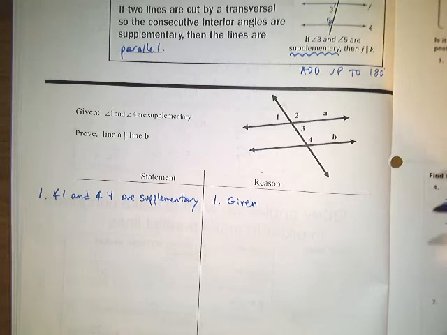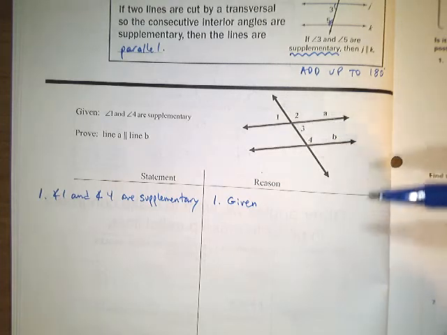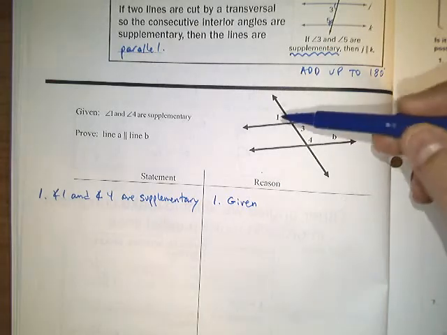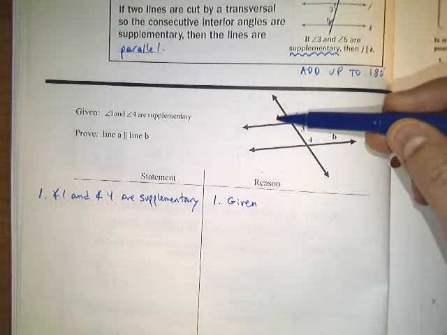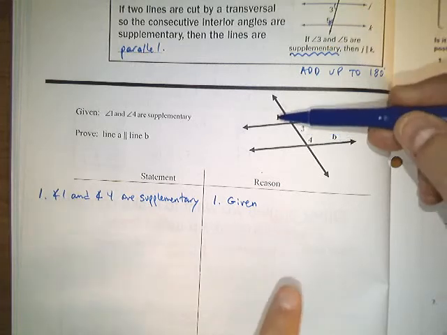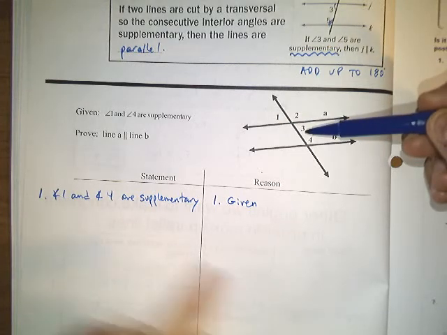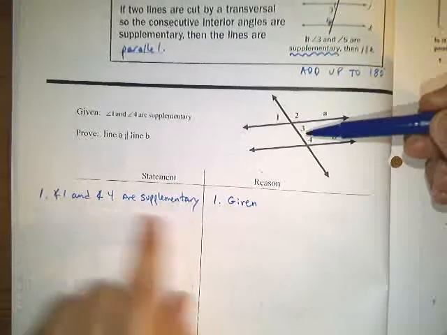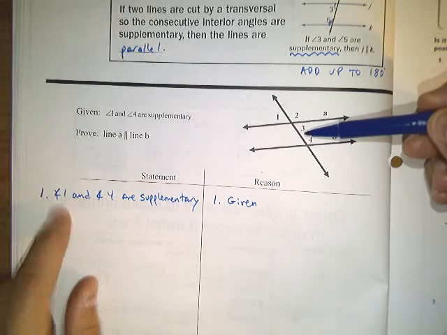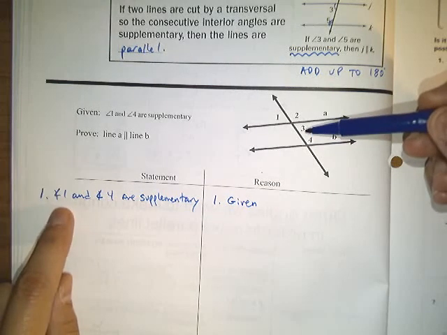Well, there's a couple different ways that you could think about this. I've stated a lot of things that I know are true about the diagram. I think what I'm going to do is create a link of congruence between angles 1 and 3 with the vertical angle theorem. And then, since angle 1 and angle 3 are congruent, I can restate this statement by substituting angle 3 in for angle 1, because of substitution.